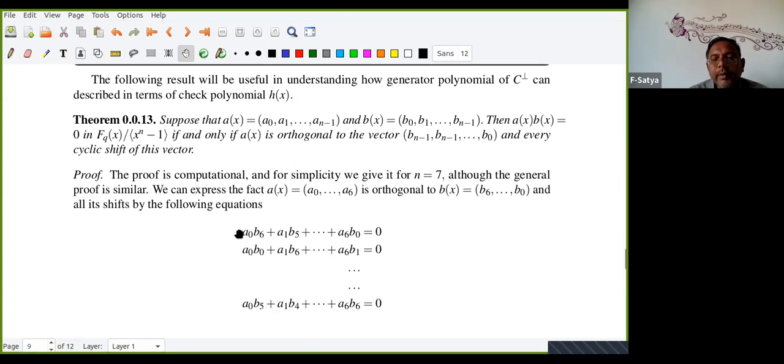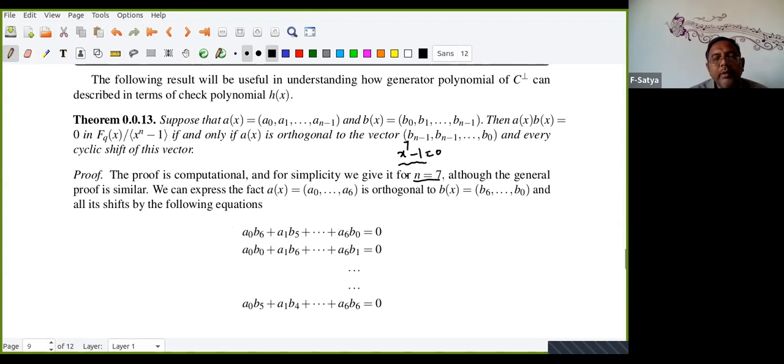So somebody can tell me what this is the quotient for? I am proving this again, for example, with n equal to 7. That means I'm taking x power 7 minus 1 equal to 0.